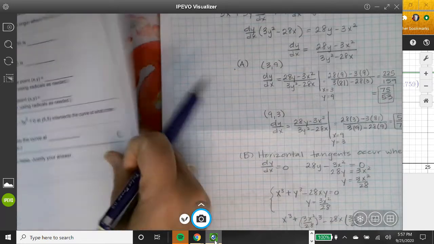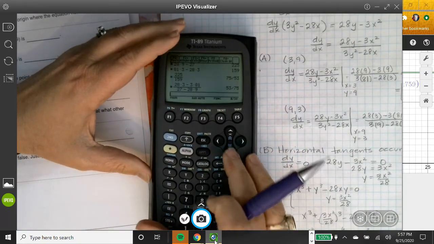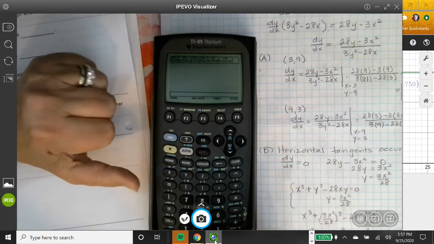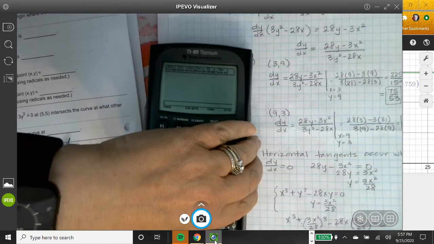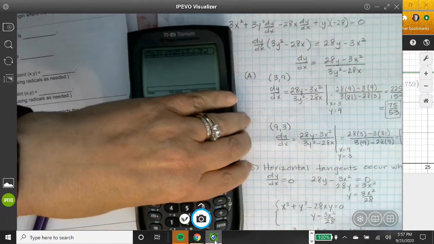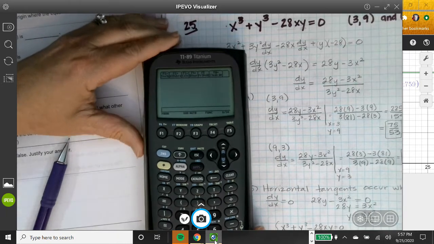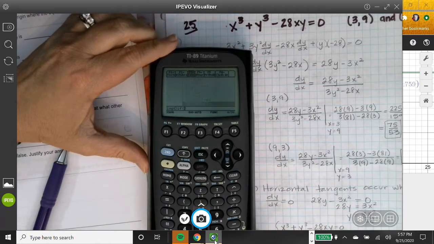The first thing is to clear everything out. Then on the calculator, there's my equation. I need to find the derivative implicitly, which means I hit F3, scroll up, hit impDiff, there it is.